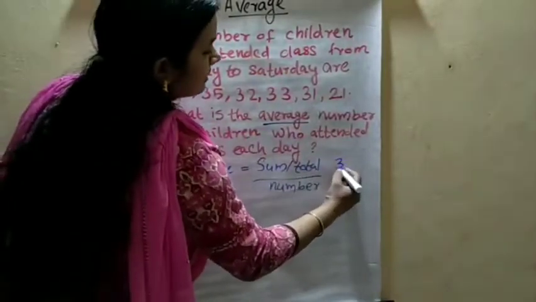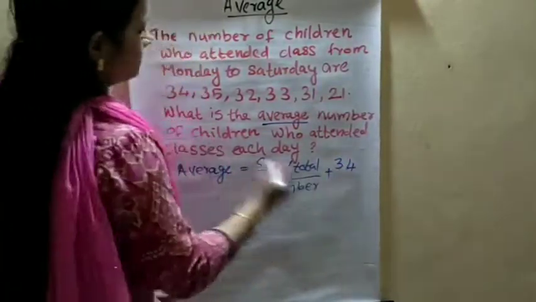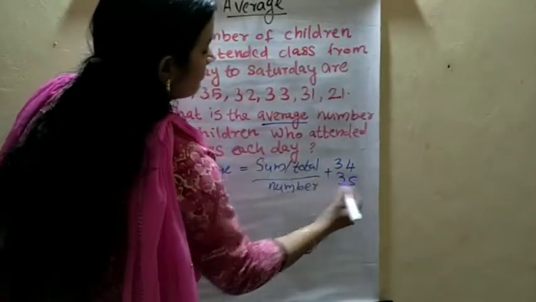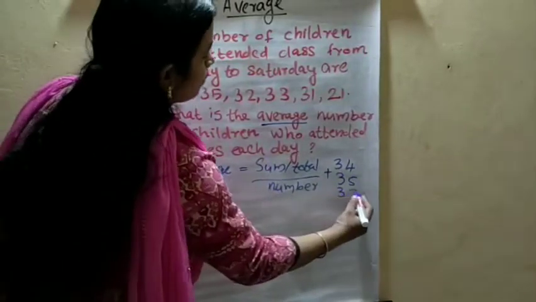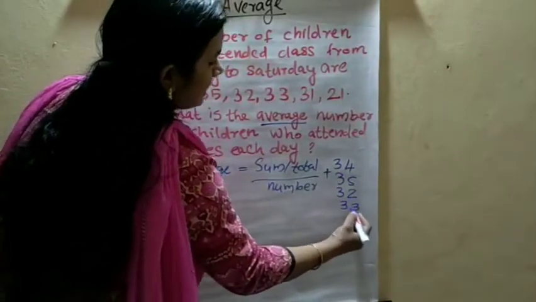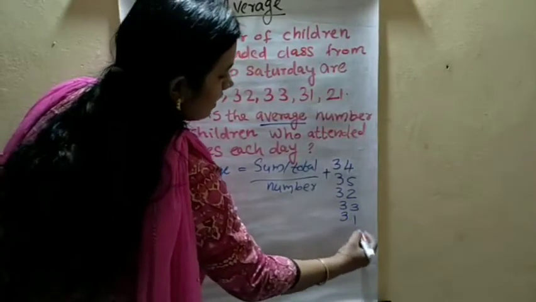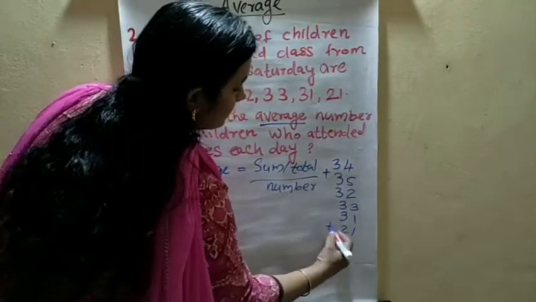First we write the numbers: 34 plus 35 plus 32 plus 33 plus 31 plus 21.